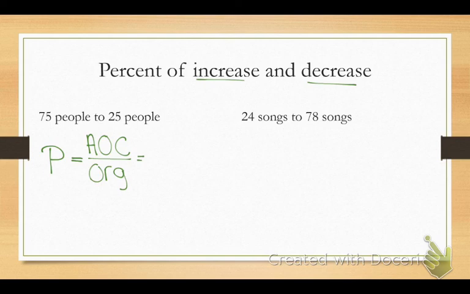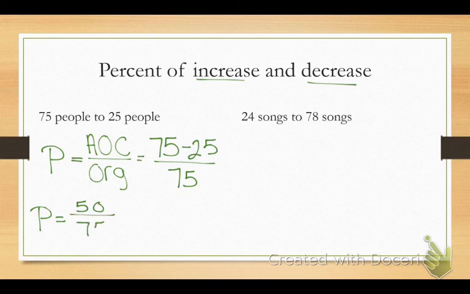Okay, so again, if this part you could do in your head, I'm not going to take off because I understand most of you could do 75 minus 25, okay? Now, if you just want to visually see it, that's perfect too. What do I divide by? The original number, the first one, 75. So I know I'm dividing 50 divided by 75, okay?